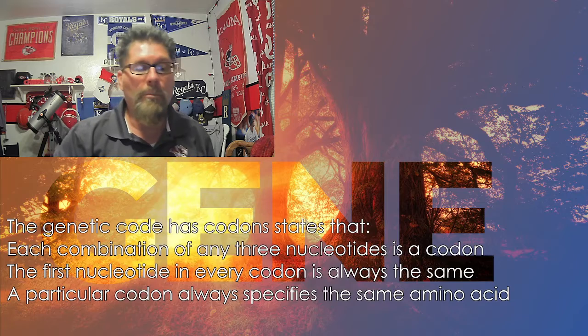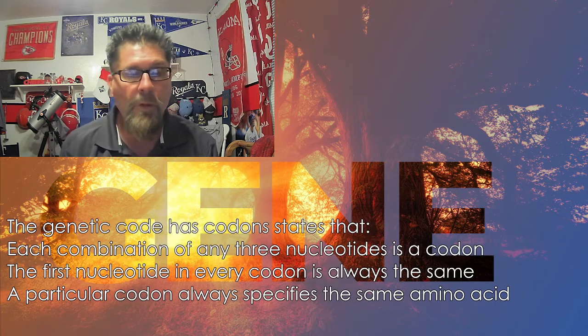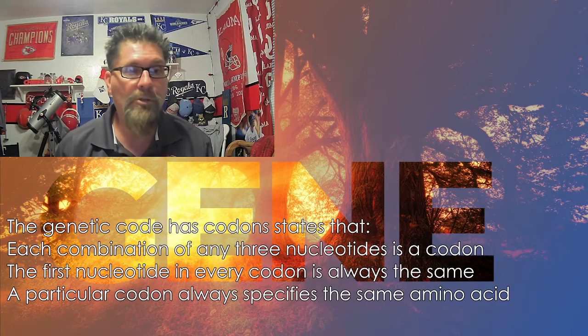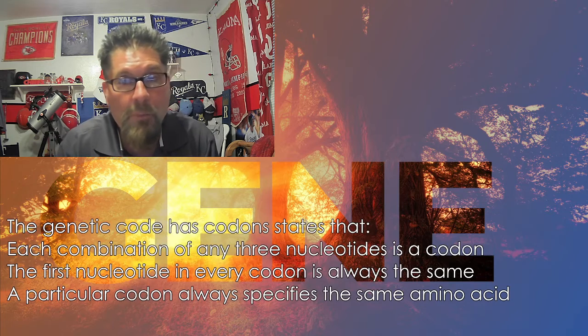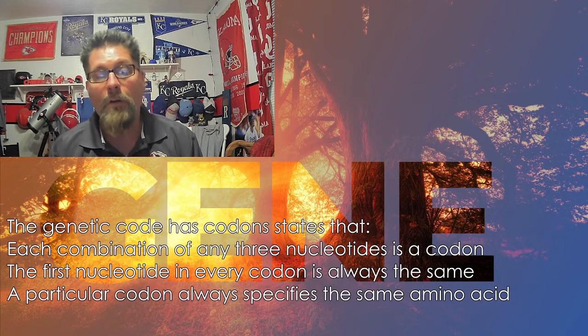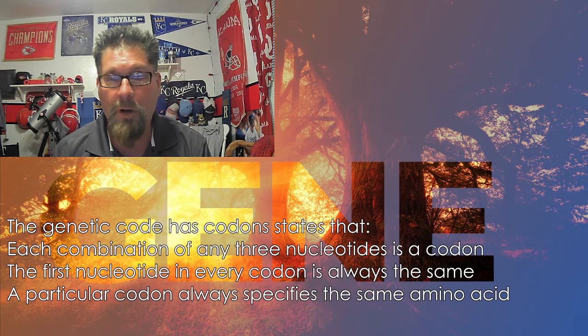All right, a couple other things to mention to kind of clean up everything. When we're talking about codons and the genetic code, that central dogma that we talked about earlier, we just want to remind ourselves that each combination of 3 nucleotides is a codon. The first nucleotide in every codon is always the same, and then the variations come after that.